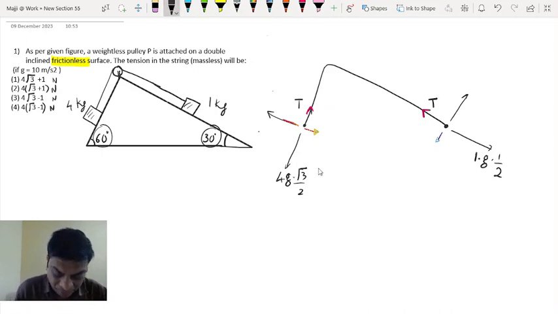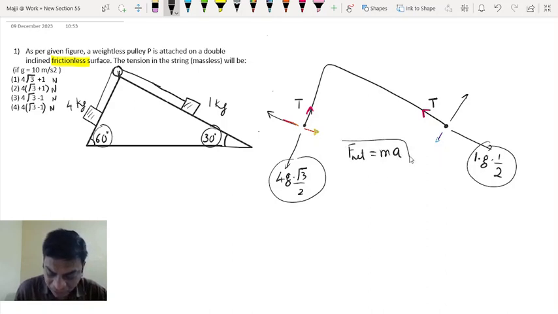Now, remember, these are the external forces. Now apply Newton's second law: net force is equal to mass into acceleration along the string. Along the string, this force is more than this.